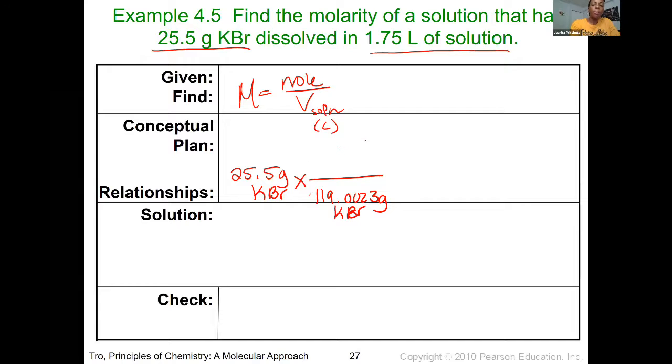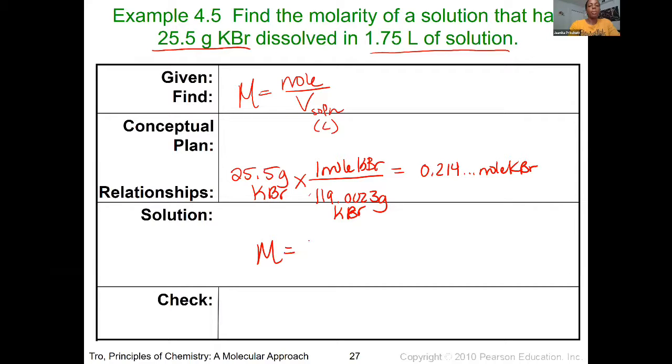And on the top, we would go to moles. And we plug that in. We end up with 0.214 moles of KBr. Then if we want to calculate the molarity, we now plug that in.